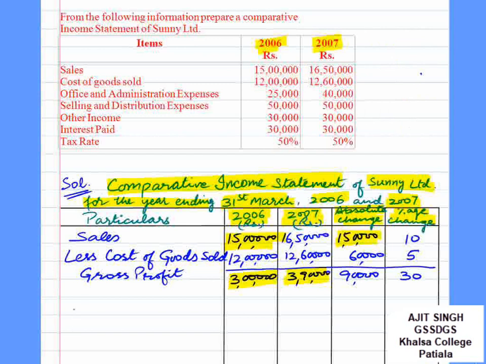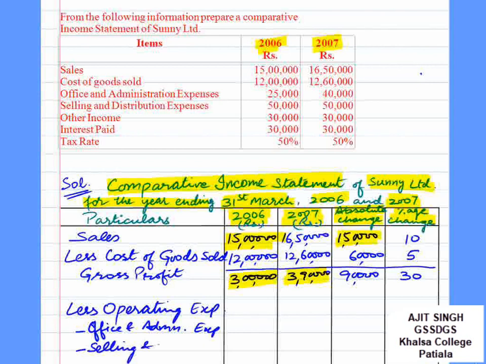Now we have to deduct operating expenses. They are office and administrative expenses and selling and distribution expenses.